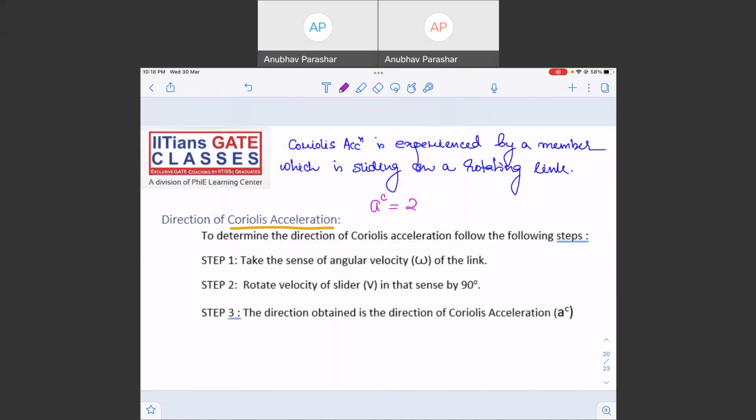It is given by 2 into v into omega, where v is the sliding velocity and omega is the angular velocity of the rotating link.